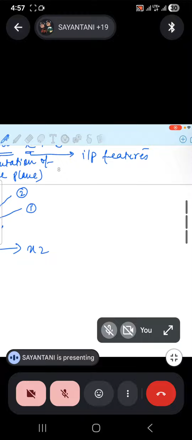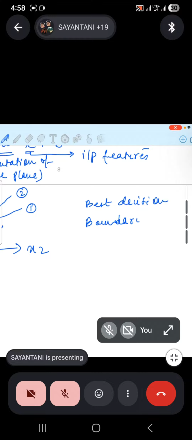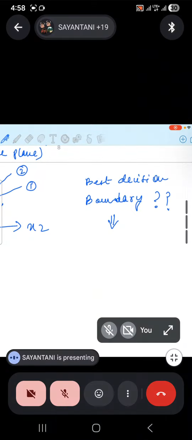And if I keep on drawing, I can have infinite number of decision boundaries, right? Somebody can use decision boundary number 2, somebody will use decision boundary number 3, and so on and so forth. So the question over here is that, how can I find out the best decision boundary? How do I find it out? Of course, that will be dependent on minimum error rate in classification.